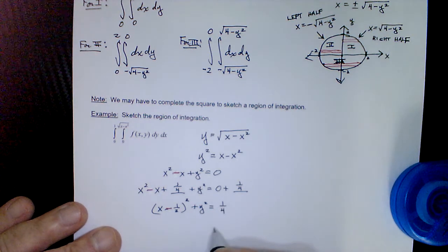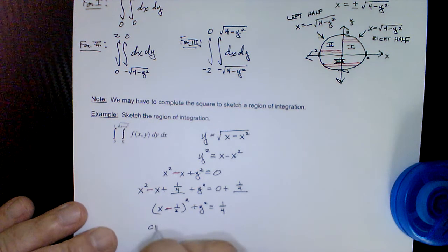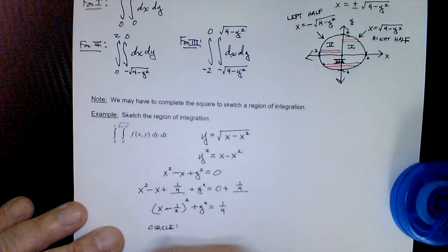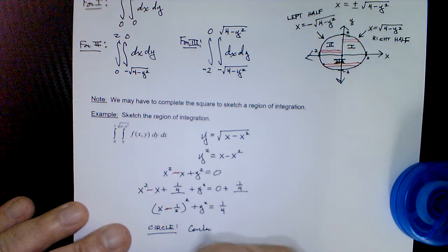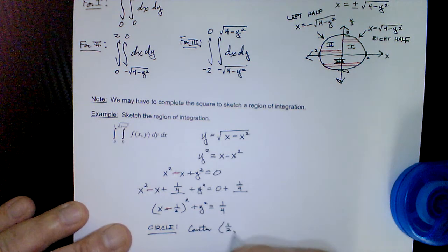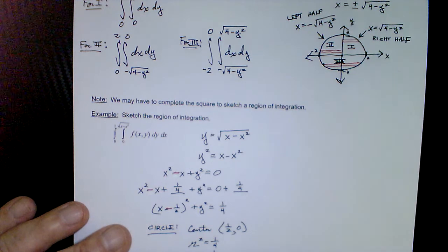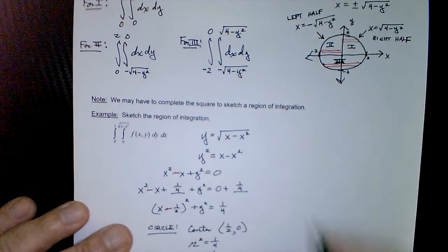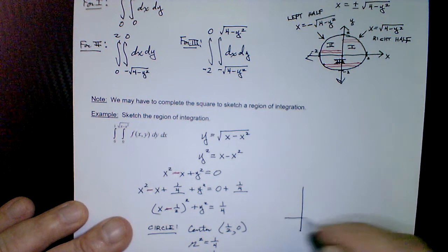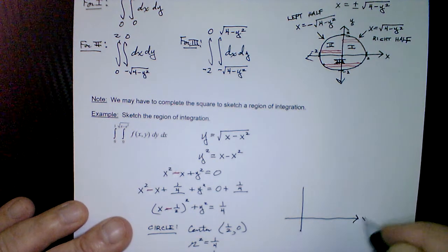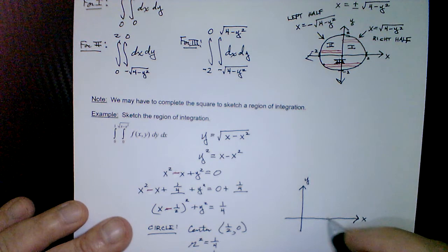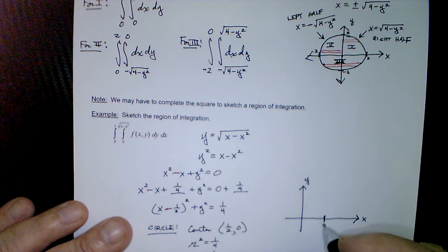So therefore that's a circle, and the center is at the point 1/2 and 0, and the radius, well, r squared is a quarter, so the radius is 1/2. So basically we have, in terms of a sketch, a circle now with the center at 1/2, 0.